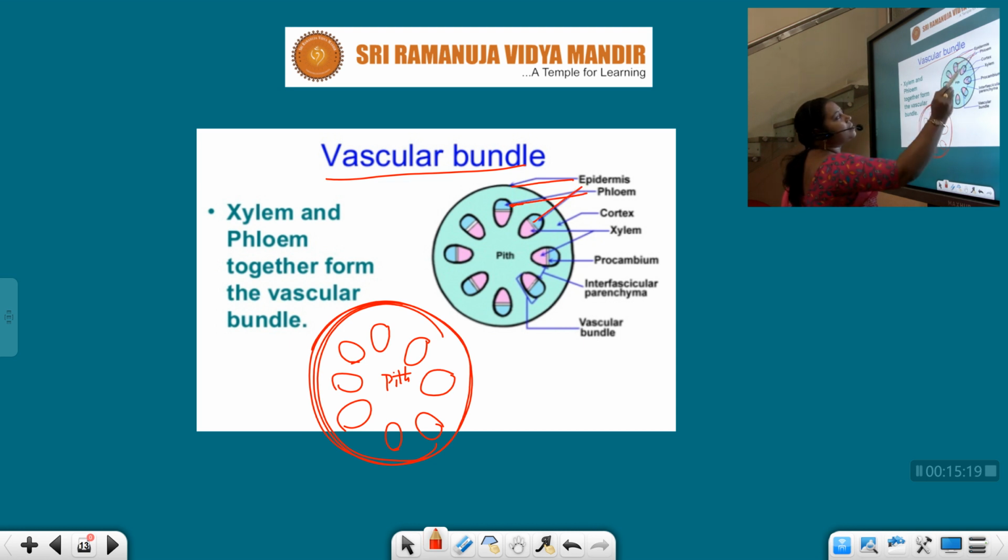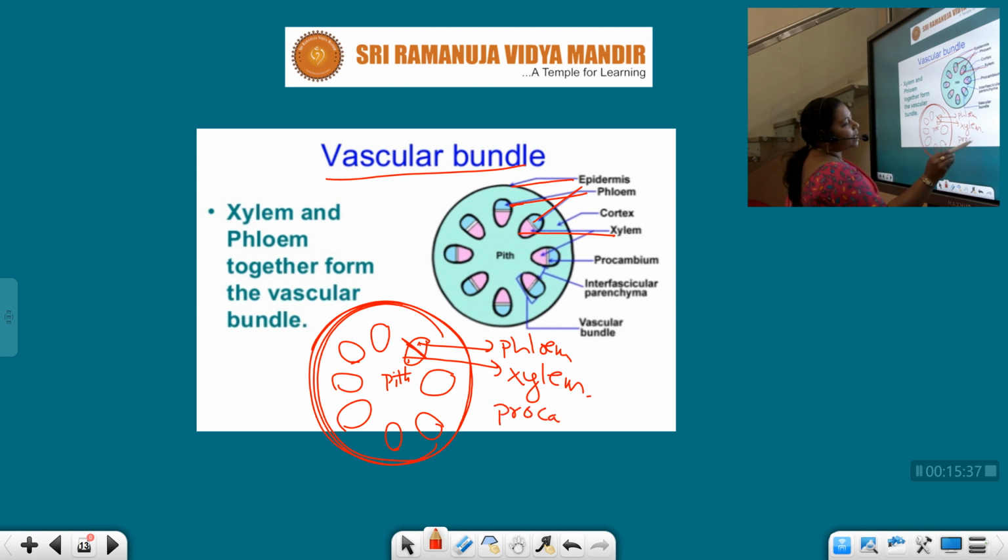Here, this one is the epidermis, phloem, and this part is xylem. This one is the phloem and this part is the xylem. The place between the phloem and the xylem is called procambium.